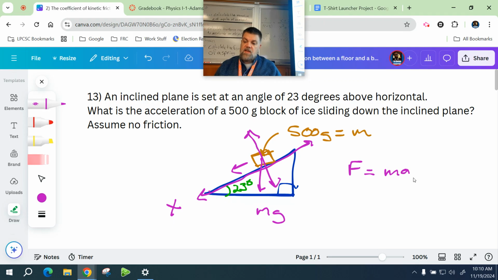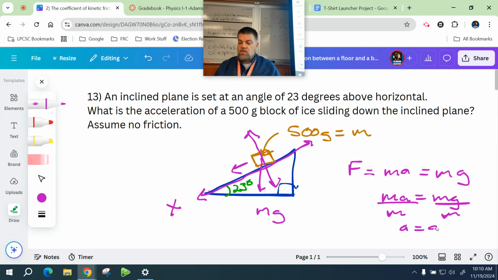Force is mass times acceleration, and that's also equal to mg. So if I said the mass times the acceleration equals mg, and I divided both sides by m, I would get a is equal to g.